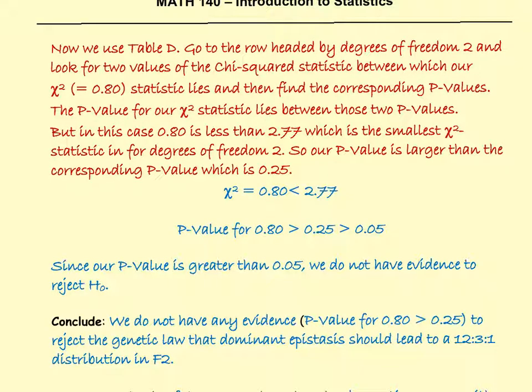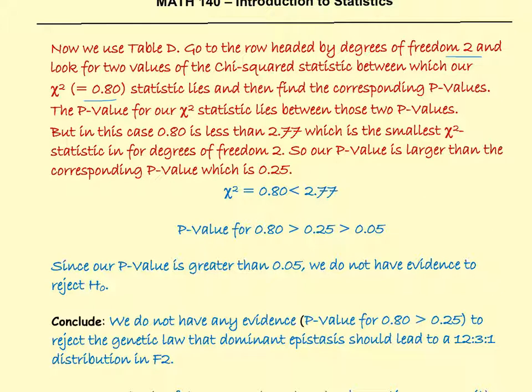Now that we have our degrees of freedom, which is 2, we go to the table and look for the row headed by 2 degrees of freedom, and we look for our chi-squared statistic, which is approximately equal to 0.80. Now we need to find our number in the table.